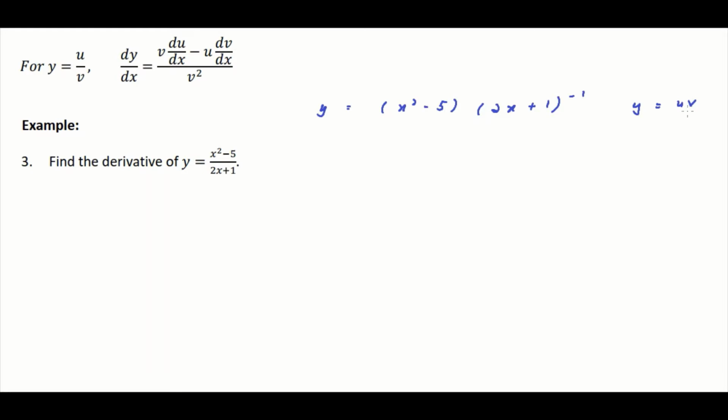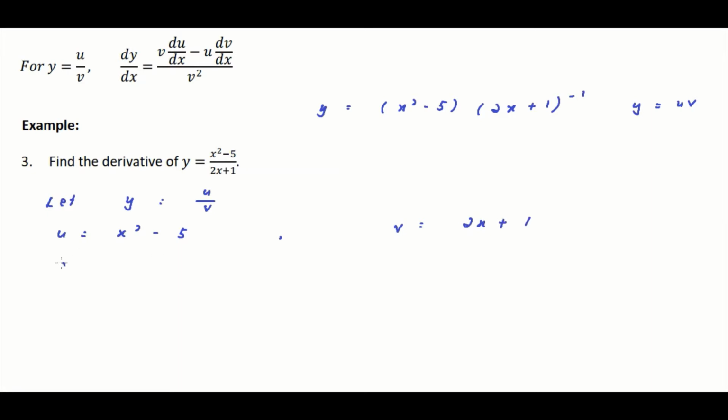But since we are using the quotient rule here, we are just going to practice it once. So let y equal u over v, where u equals x squared minus 5 and v equals 2x plus 1.